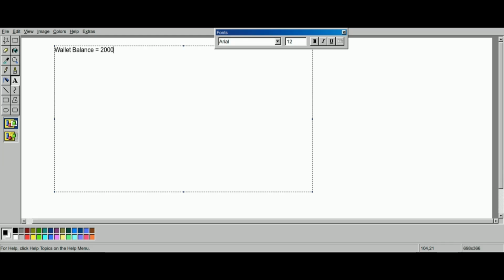Nowadays wallet balance is not used by anyone because there is pay later, credit card, EMI. So not using it, but the wallet balance option is available on all sites.